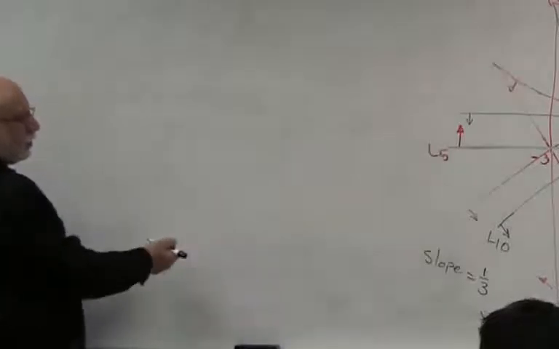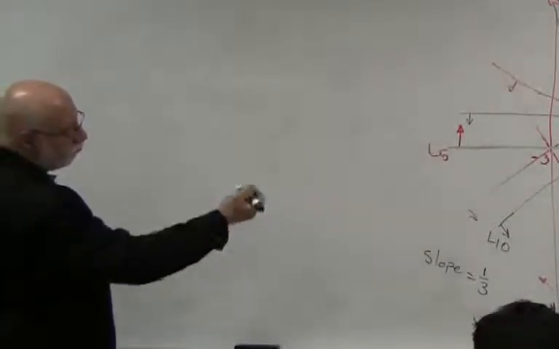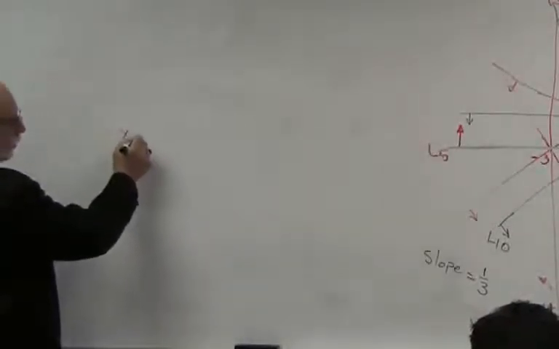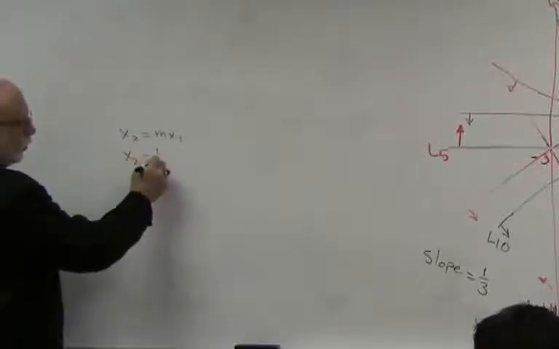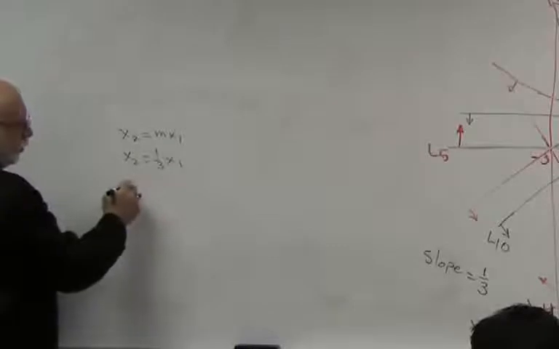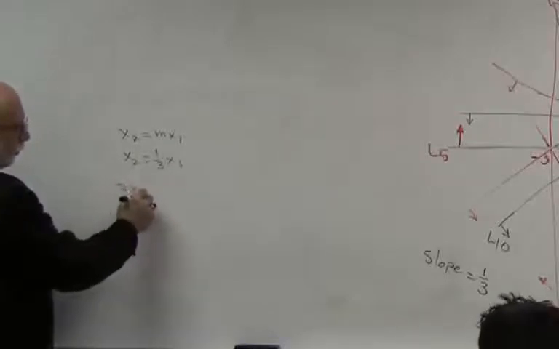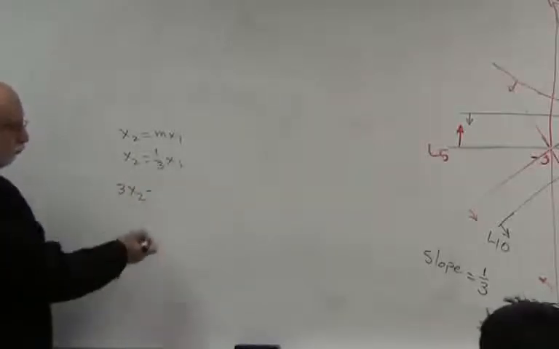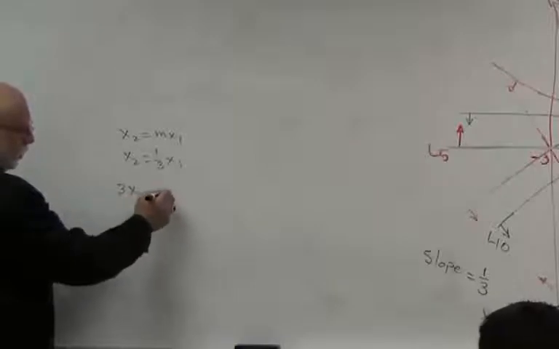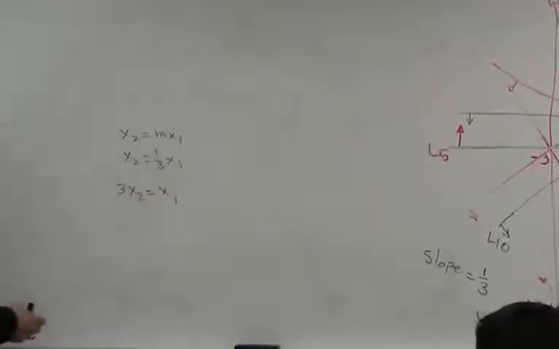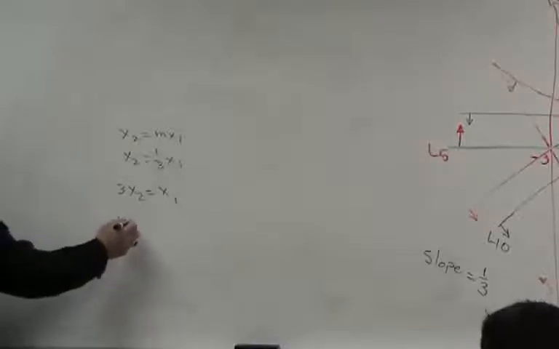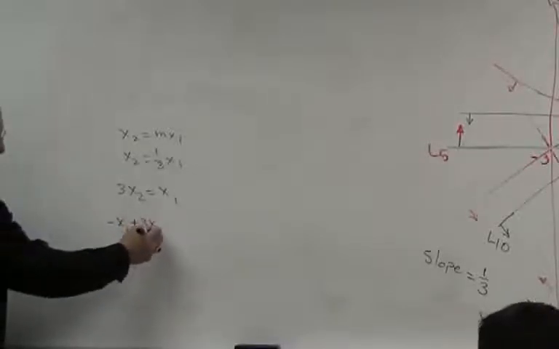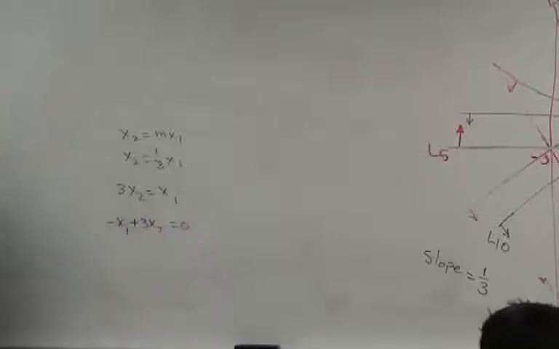So you look at that and you say, okay, x2 equals m x1, x2 equals 1/3 x1, 3x2 equals x1. It would be negative x1 plus 3x2 equals 0.